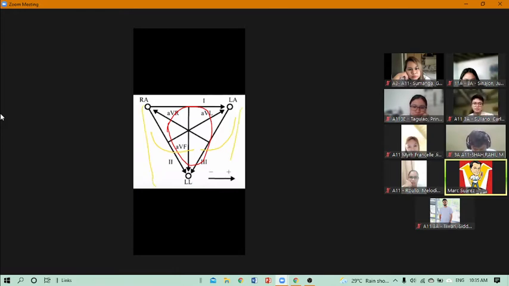So just try to visualize this as the anterior thorax, and the heart is found in the middle, or the mediastinum, right? Okay, so we will proceed.